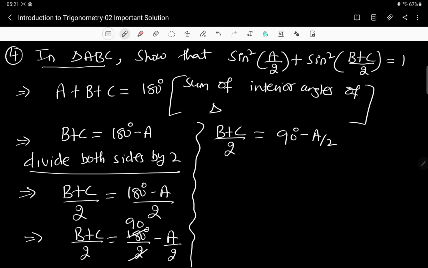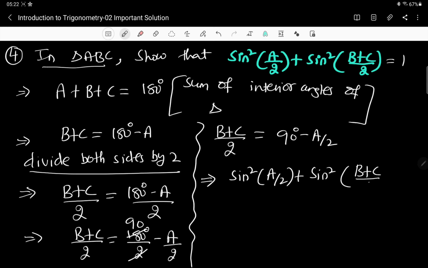All right, now look at this LHS term. What is this LHS term? That LHS term is sine square of A by 2 plus sine square of (B plus C) by 2. So it becomes sine square A by 2 plus sine square of (B plus C) by 2.